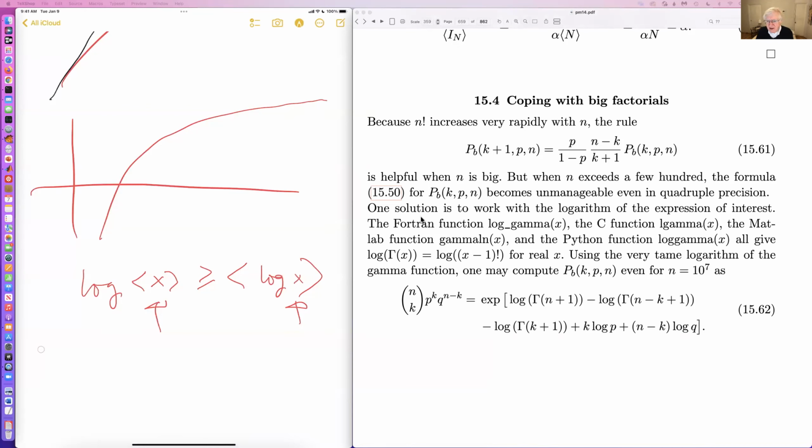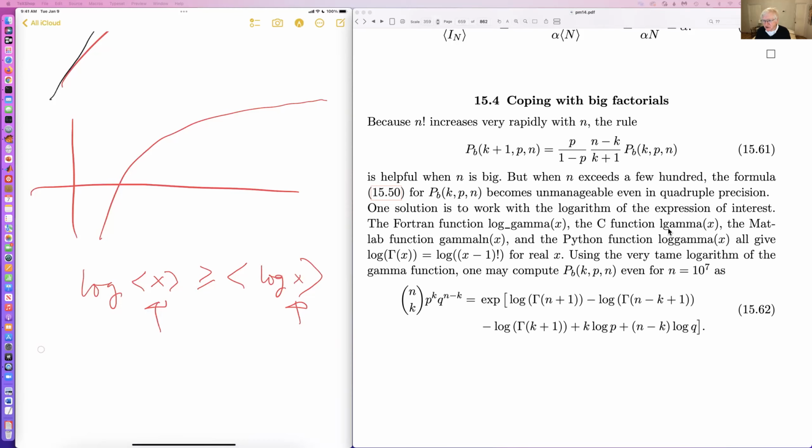And the short answer is to use the log of n factorial. Of course, n factorial and gamma of n differ by n being +1 or -1. So what computer scientists have done is invent, for Fortran, a function log_gamma of x.